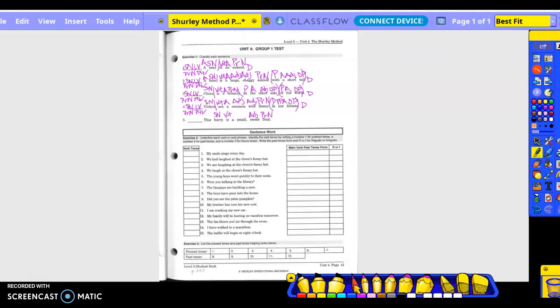What kind of fruit? Small. Adjective. A. Okay. And then what kind of berry? Okay. Pattern. Subject noun, linking verb, predicate noun, pattern four check. No prepositional phrases. Period.